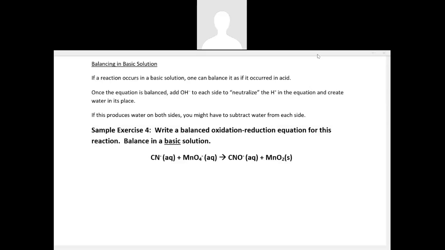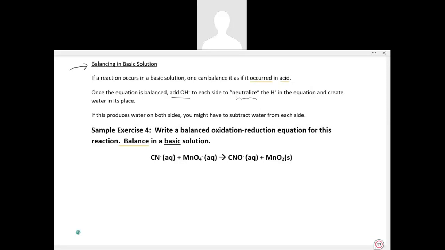In this next video from chapter 19 on electrochemistry, we're going to take a look at our final balancing example, but this time we're going to see how to balance in basic solution. So we're going to do everything that we did to balance in acidic conditions, but at the end of our acidic balanced equation, after we find that, we're going to add OH to each side to neutralize.